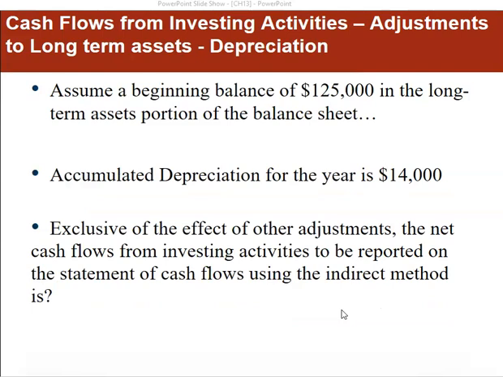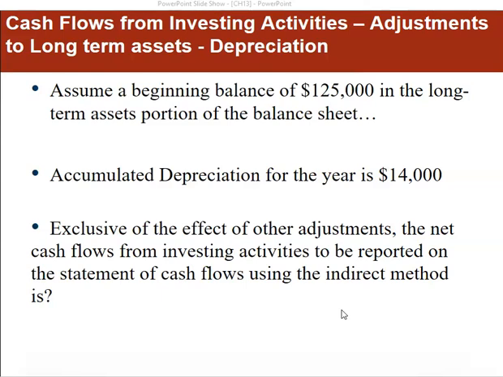Well, this is a bit of a trick here. They're attempting to get you to either add 14,000 or subtract 14,000, but this is a non-cash event. So the net cash flows from investing activities, exclusive of anything else, is zero.